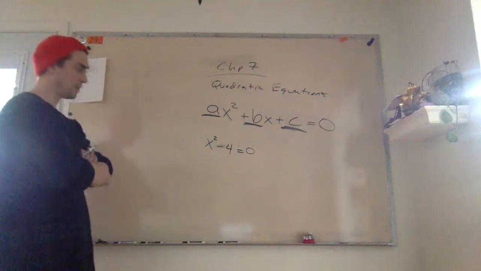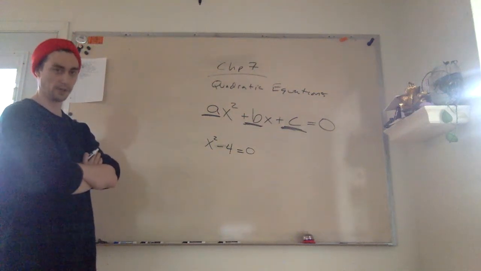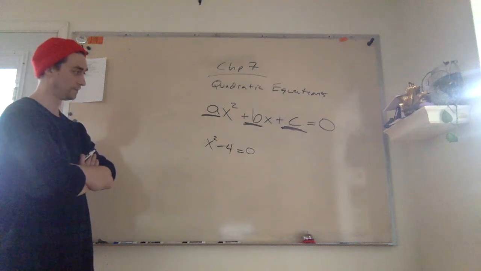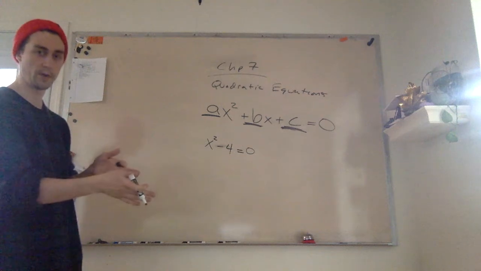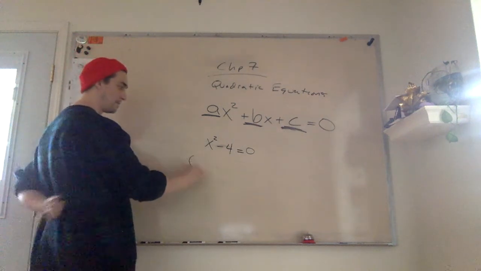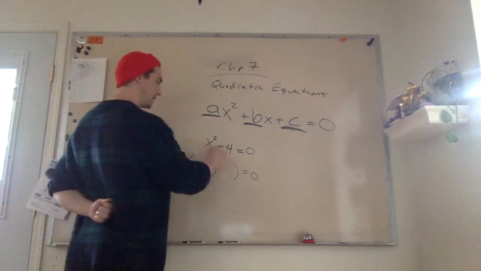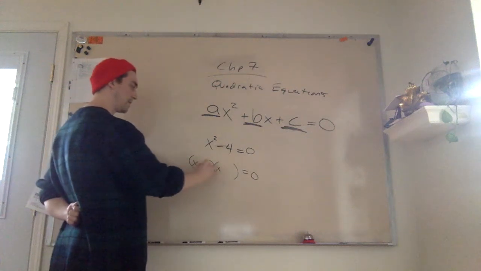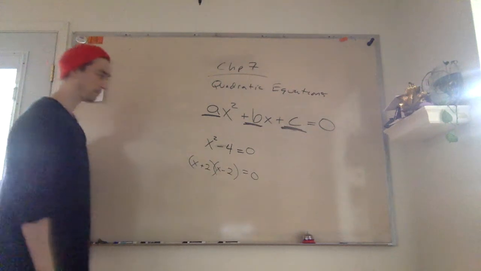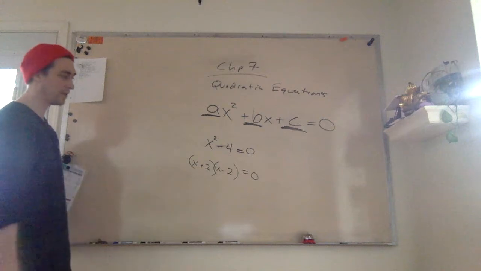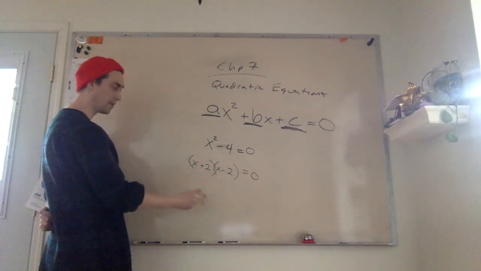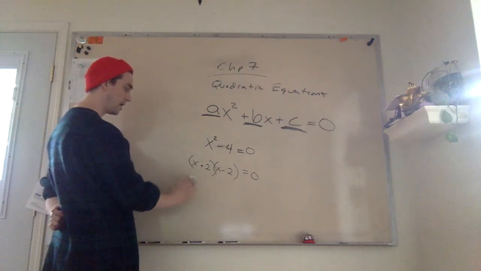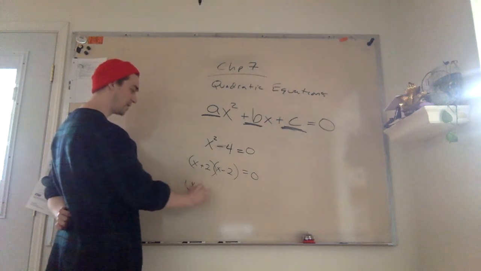But at the end of chapter 4, we talked about how to solve quadratics using factoring, which I think is an awesome way to solve quadratics. So you put everything to one side in descending order, 0 on the other side, and then you factor. This is a difference of squares, so you get plus 2 minus 2. Once you've factored something, you have two things multiplied together equals 0, so you could use the zero factor property to say that one of those things must be 0.